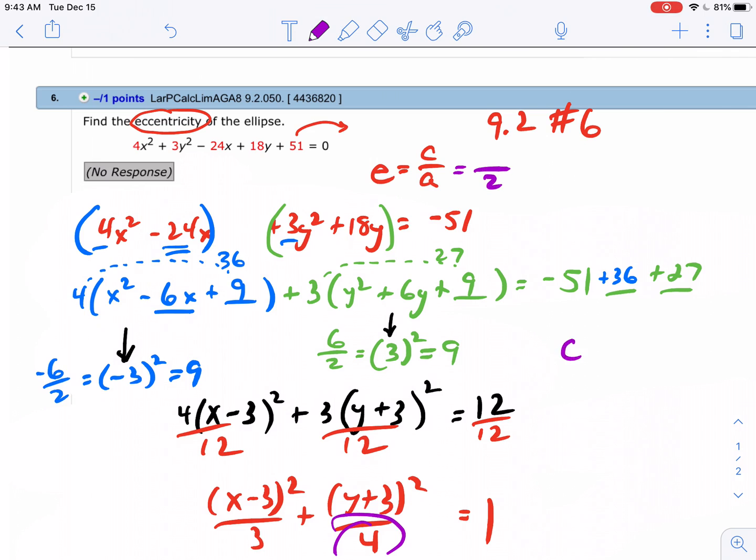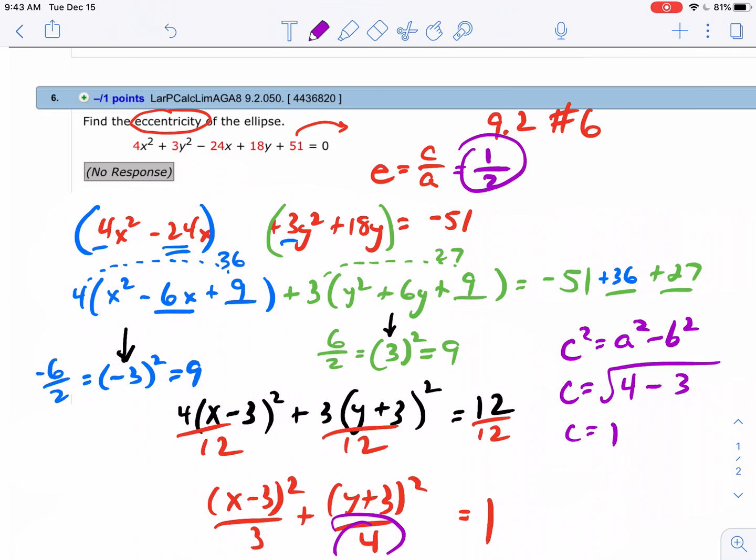To find the c value, I use that formula, a squared minus b squared. So c will be the square root of big denominator minus small denominator. So that's the square root of 1, which is simply 1. So I can put that on top. So according to my equation of ellipse, my eccentricity is that 1/2.